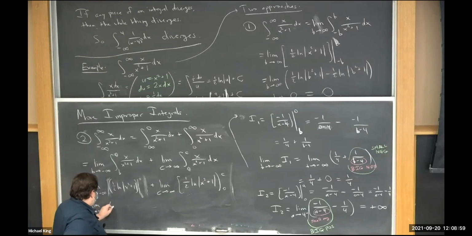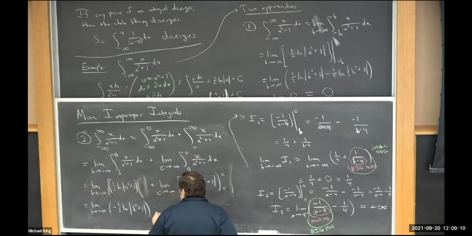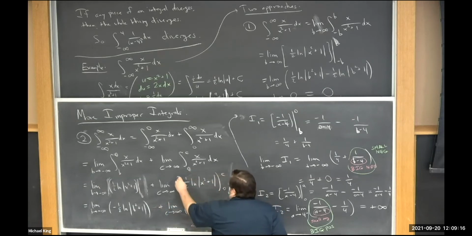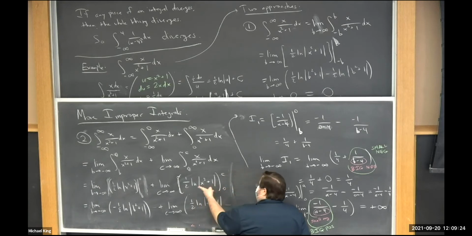So I'm just going to skip that step and write minus 1/2 ln((negative b) squared plus 1), plus the limit, this is 1/2 ln(c squared plus 1), and then minus 0 for the same reason, ln of 1 is 0.